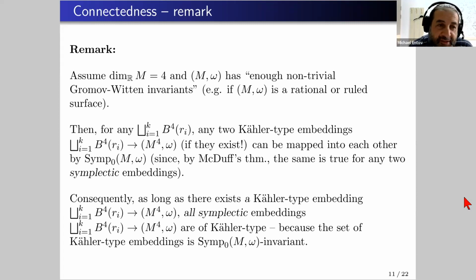So these manifolds have the following nice property: as soon as you manage to find one embedding of a particular collection of balls which is Kähler-type, all embeddings of the same collection of balls will be of Kähler-type. So if you are going to look for symplectic embeddings that are not of Kähler-type, you had better not look there. There you have no chance.